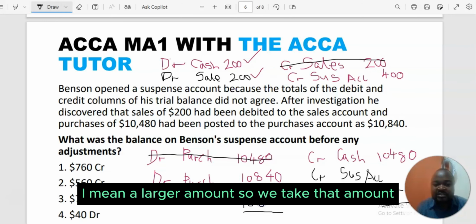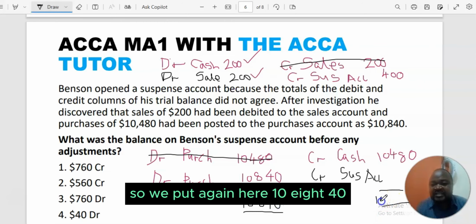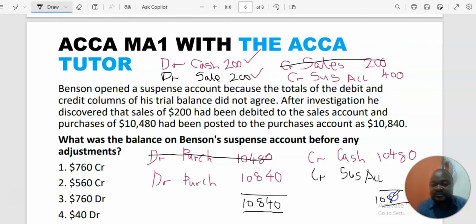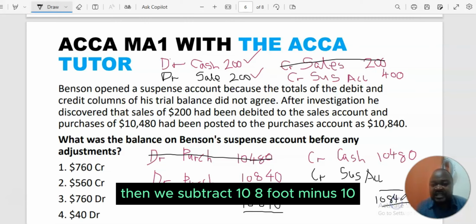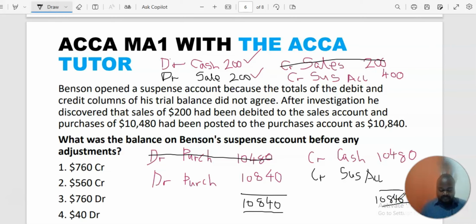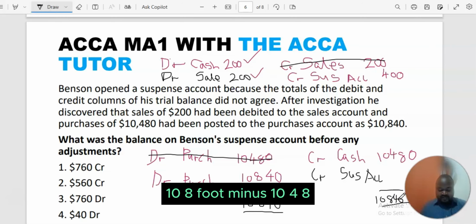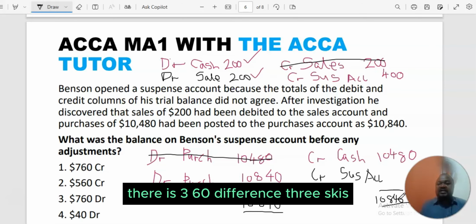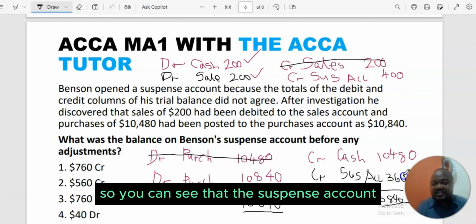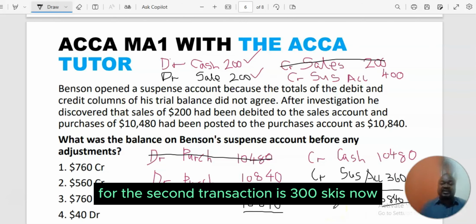So we take that amount and put it in the grand totals, 10,840. Then we subtract 10,840 minus 10,480. There is a 360 difference. So you can see that the suspense account for the second transaction is 360.